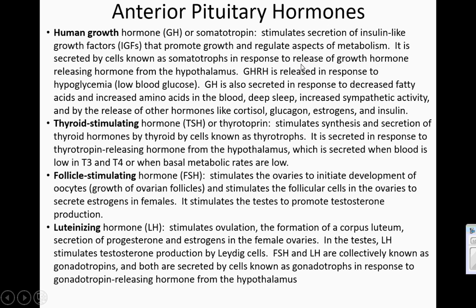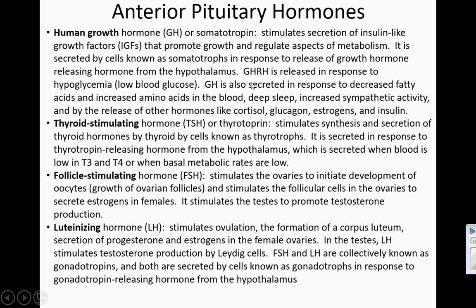The major stimulus for secretion and direct stimulus for secretion of this is that growth hormone releasing hormone from the hypothalamus. Okay. Which, I told you a second ago, you don't need to worry about the stimulus for secretion of those releasing and inhibiting hormones.